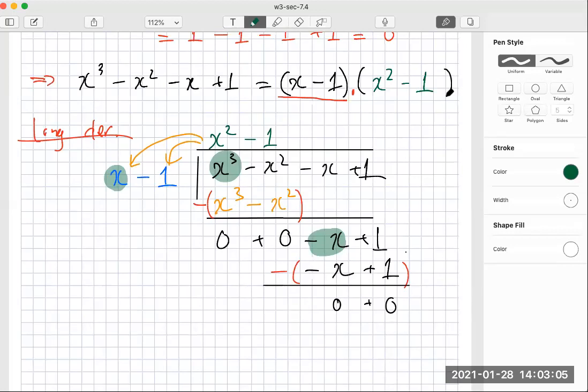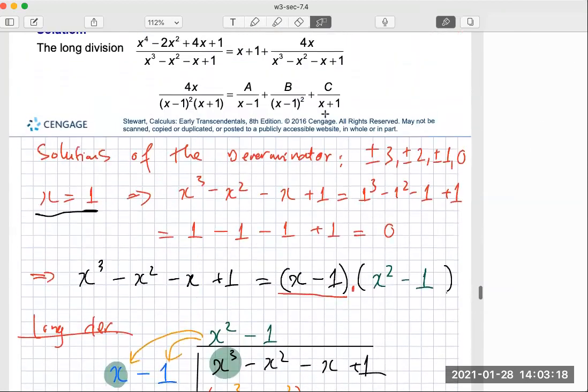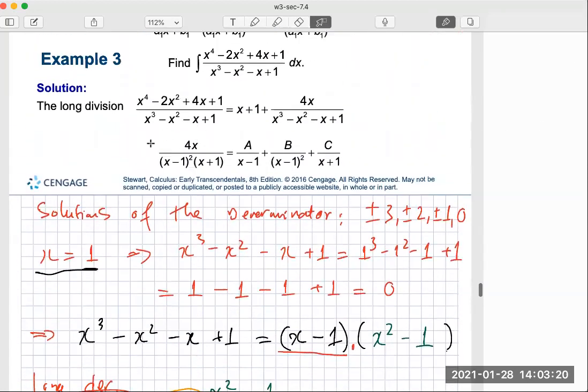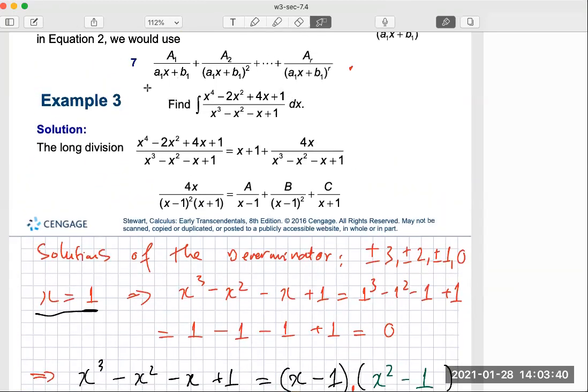Are we good? Very well. Good job. So, continue. This one, look here. They have done this for us already. Wait a second. Okay, well, we do not follow this instruction.